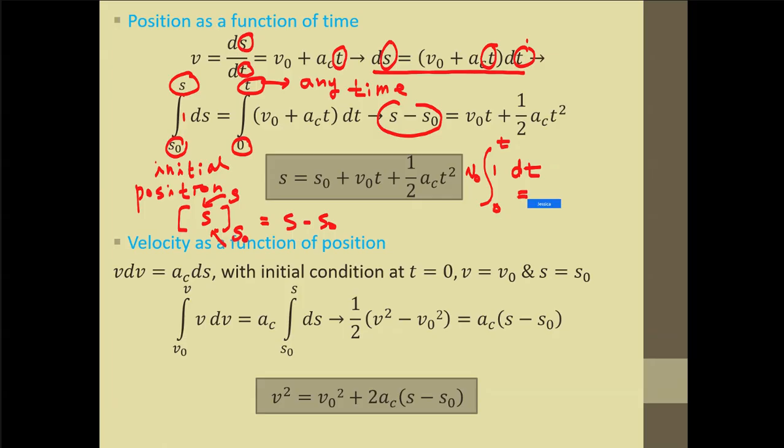Now then v0, the antiderivative of 1 is t. Evaluate from lower limit to upper limit. Upper limit t minus lower limit 0. That's why we have v0 t.